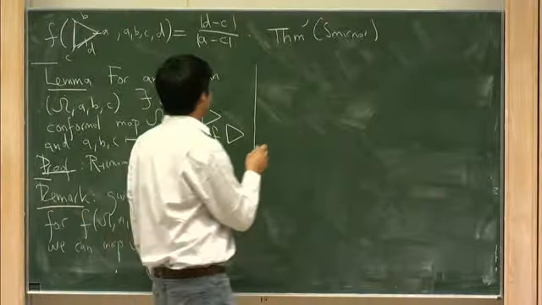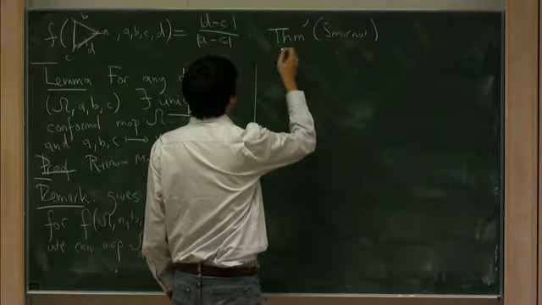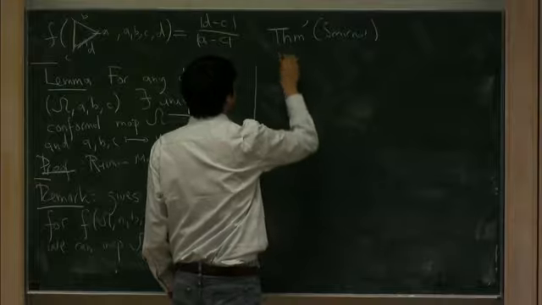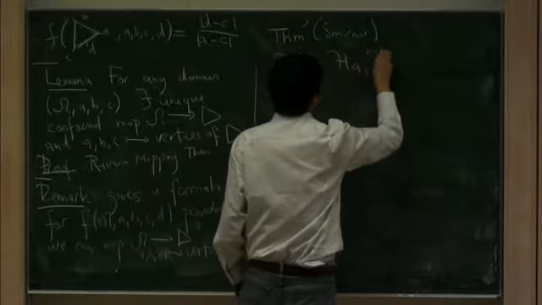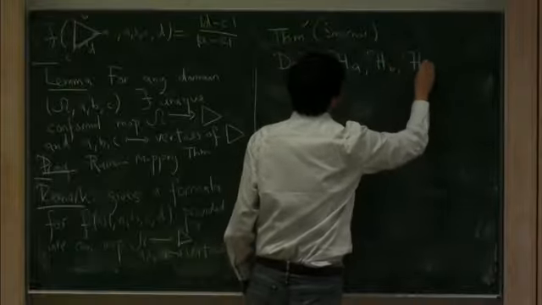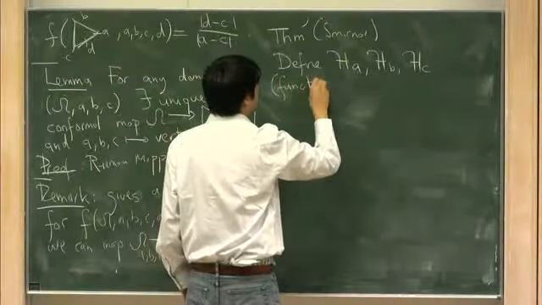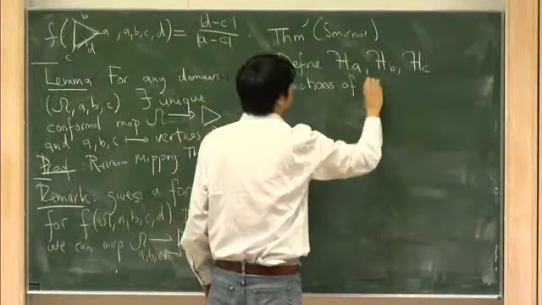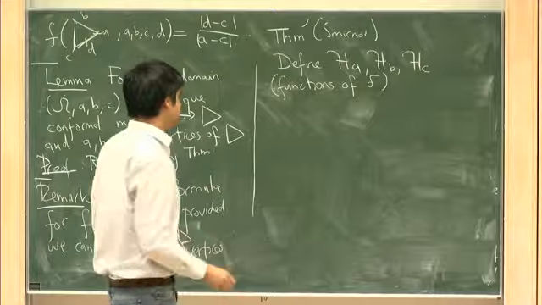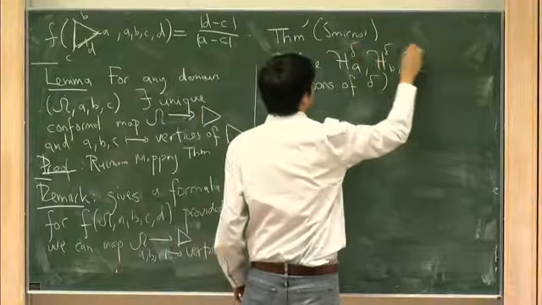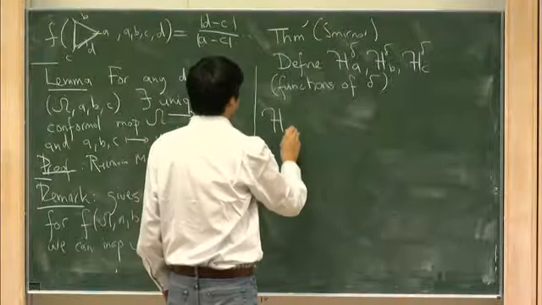So the result is that if you define three functions HA, HB, HC, they're all functions of delta also, but I usually will omit this. Here I will not omit. And so what is the definition?